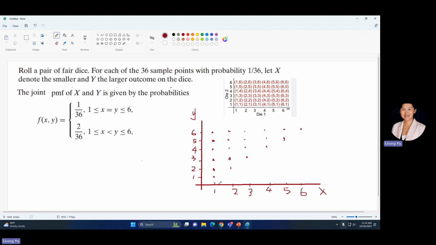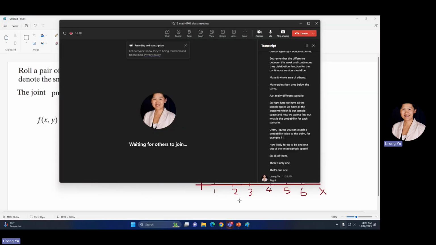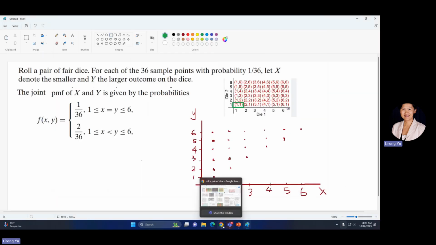For example, 1, 1. How likely is it to be 1, 1? Out of the entire sample space of 36 outcomes, there's only one that's 1, 1.